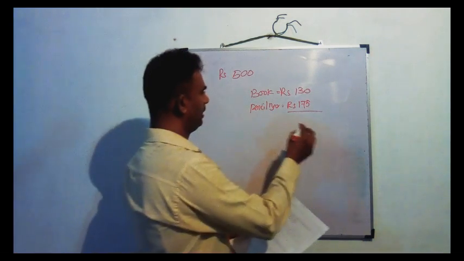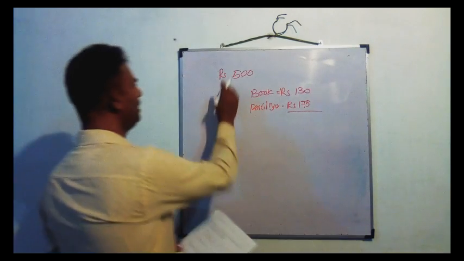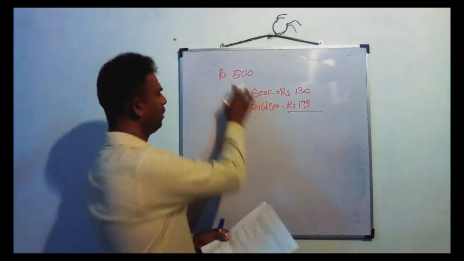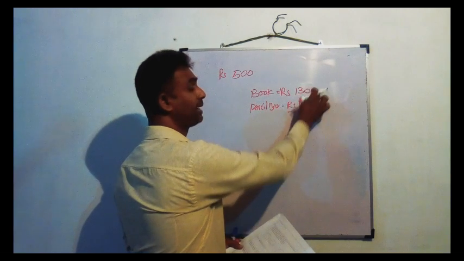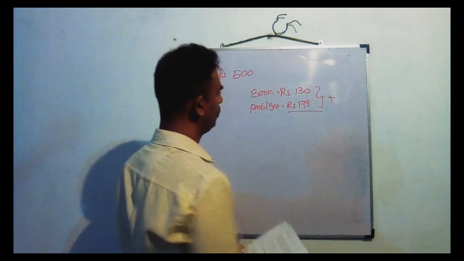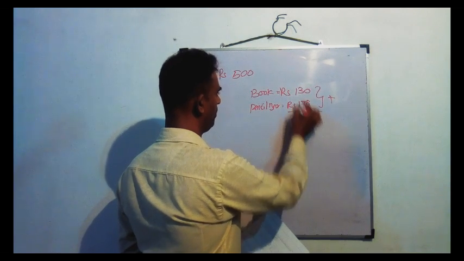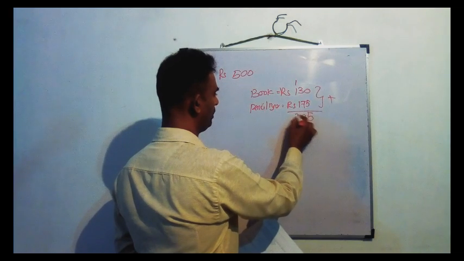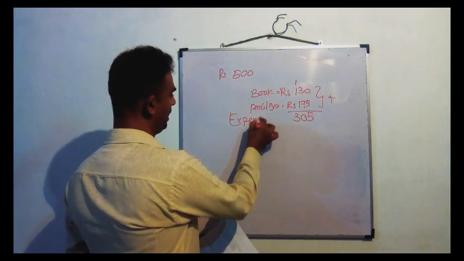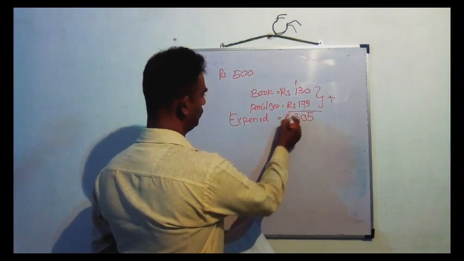Now, the question is how much remains with Kumara. From the 500, he spent on these two. Let's find the total expense. You want to add these two. 5 plus 7 is 12... 0, balance 1, 1, 2, 3, 305. He spent rupees 305.